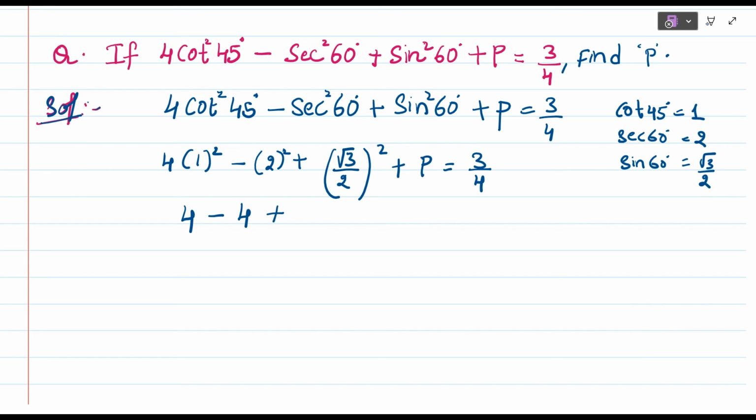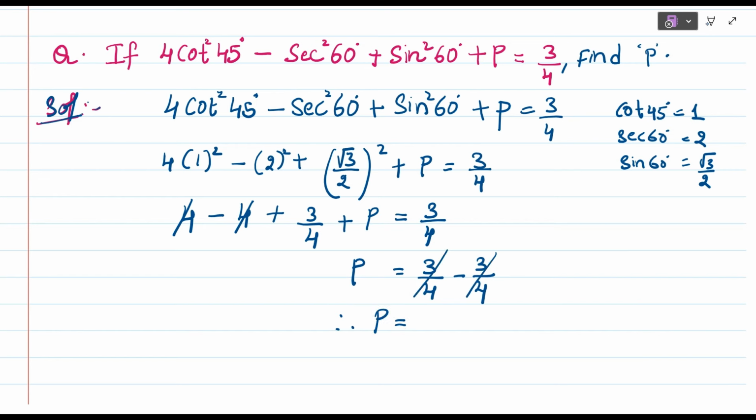Root 3 whole square is 3, 2 square is 4 plus p is equal to 3 by 4. So the value of plus 4 and minus 4 is 0, students. Now transpose this plus 3 by 4 towards RHS side. Already here 3 by 4 is there, plus 3 by 4 after transposing becomes minus 3 by 4. Okay. So plus 3 by 4 and minus 3 by 4, the value becomes 0 now. So p is equal to 0. Okay. Understood, students?